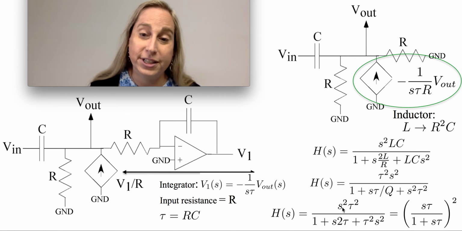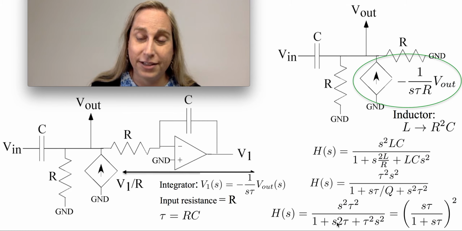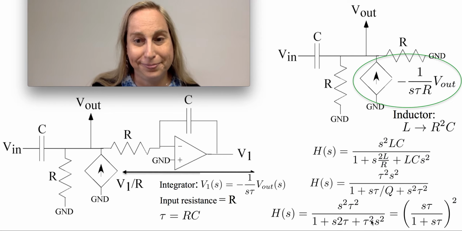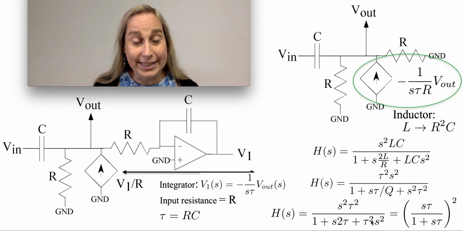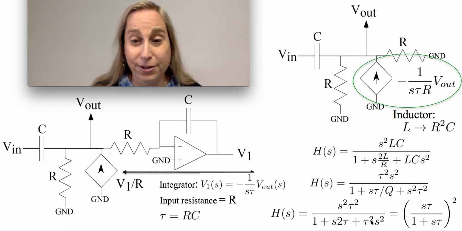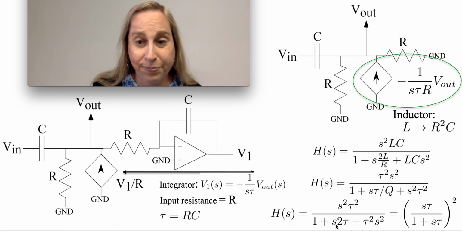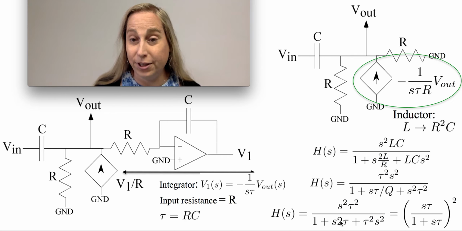My transfer function is s squared tau squared over 1 plus s times 2 times tau plus s squared tau squared. And you think, oh, that simplified nicely. In fact, further, because this is 2, my Q is a half. And we know that Q at a half is also a very critical point.